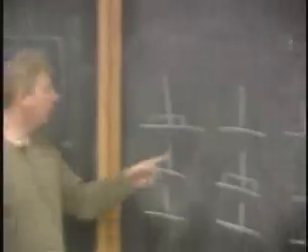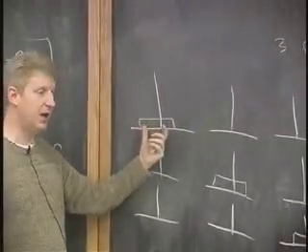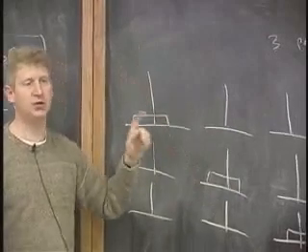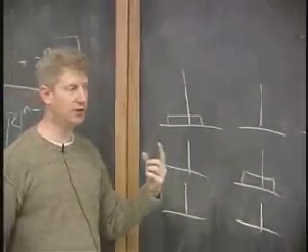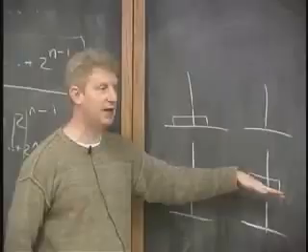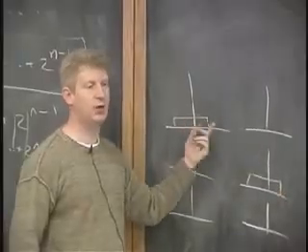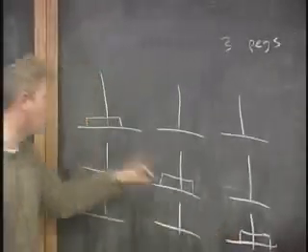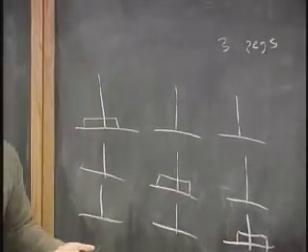You can make a move from 1 to 2. You can pick this disk up and move it from here to here. If you can do that, then I connect 2 vertices in my picture. 2 configurations in the game are connected if you can move in one step from one to the other. I can move from 2 to 3, and I can move from 3 to 1. I can move from any one to any of the others.